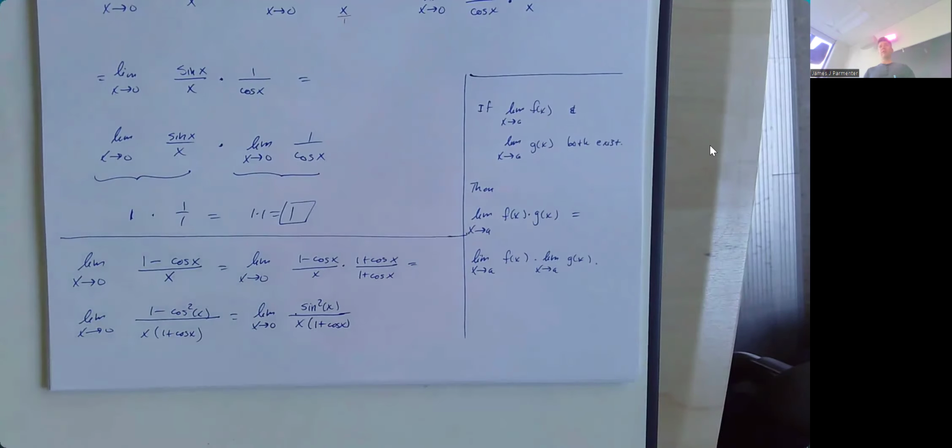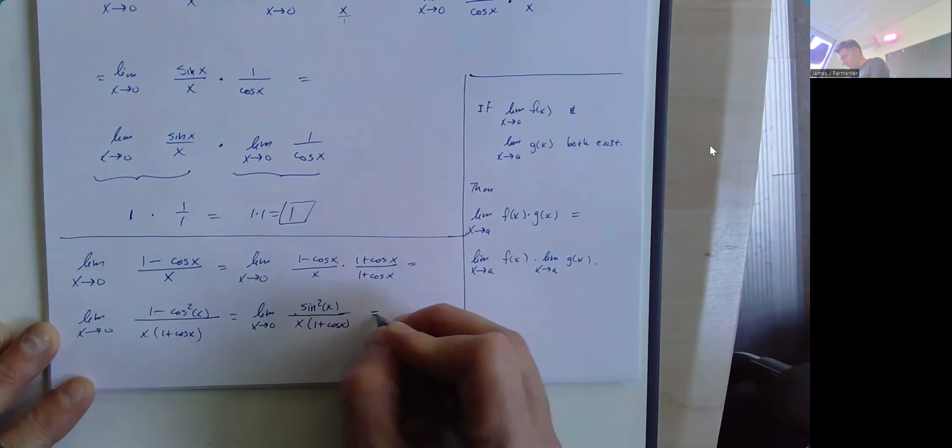And now we're going to use a pretty typical tactic that we just used in the previous one. We're going to break this fraction up into multiple fractions, one with pieces that kind of look like something we know, and the other one with the rest of the pieces. So in the numerator, I see sine times sine. In the denominator, I see x times 1 plus cosine.